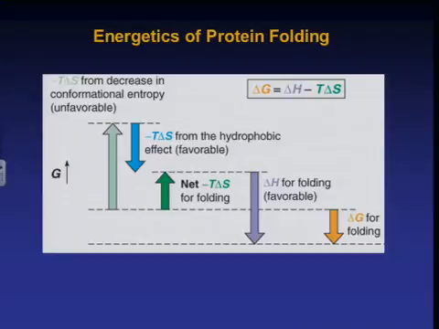And the delta G, remember, is delta H minus T delta S. So if delta S is negative and it's being multiplied by negative T, then that term is going to be positive. So when we look at the energetics, this is the delta G just for the conformational folding of the protein, and that term is saying no, this is not a favorable thing to do.